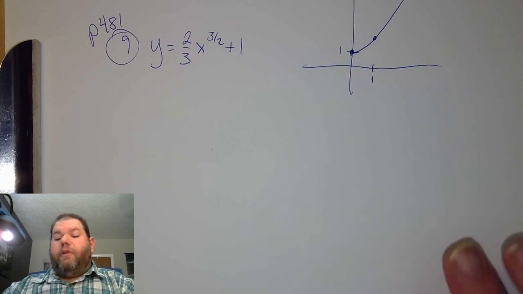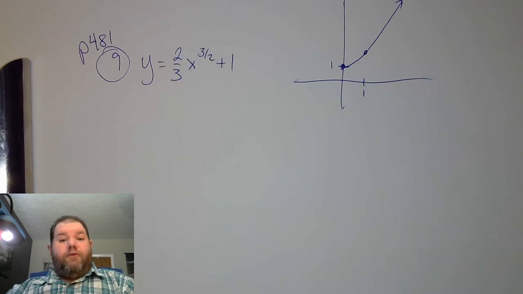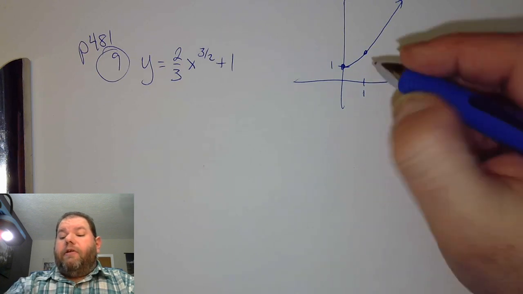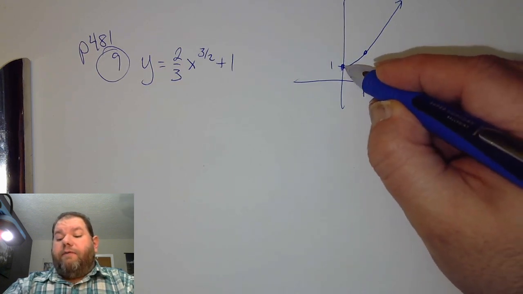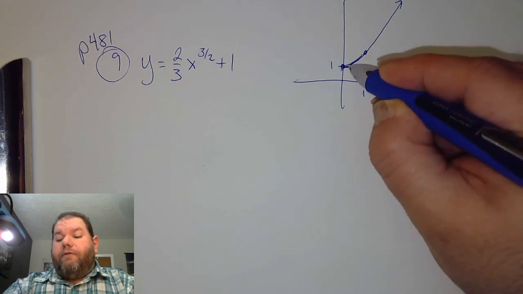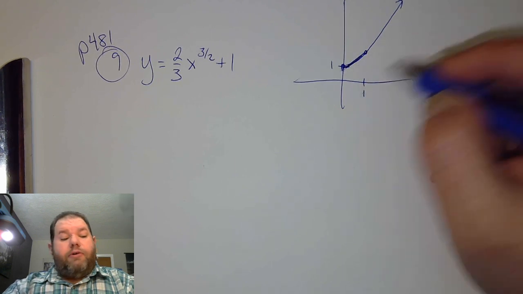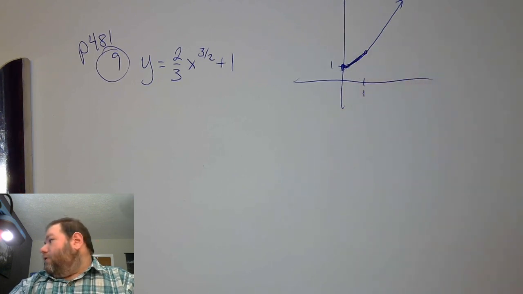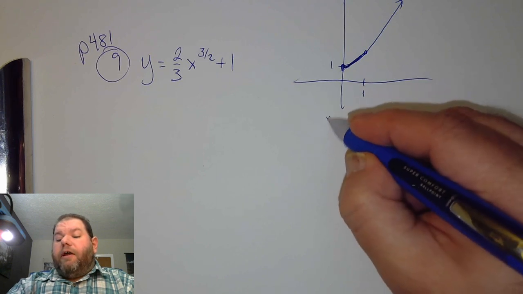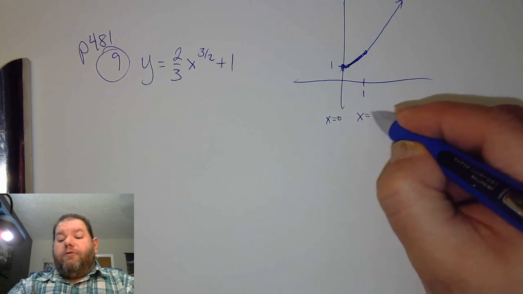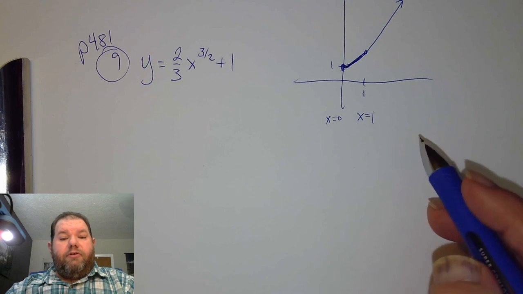So first thing on this problem, we can tell just from this graph, if this is the part they want us to focus on, and you can see in the book it's shaded in, then we'll just go from x equals 0 to x equals 1, and that'll be our limits of integration.